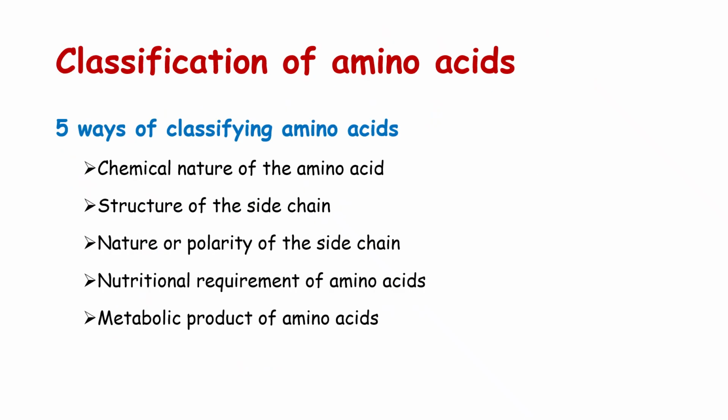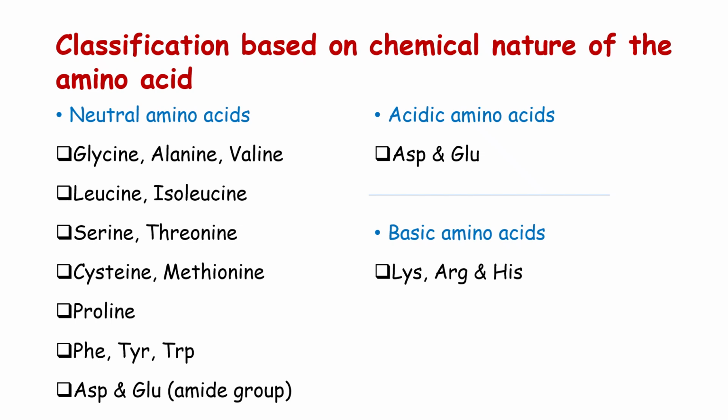Classifications: we have many, based on chemical nature, structure, nature or polarity, nutritional requirement and metabolic product of amino acid. The very important one is nutritional requirement, which comes under essential and non-essential amino acids. That plays an important role from the exam point of view, but for the other things I'll just give a gist.